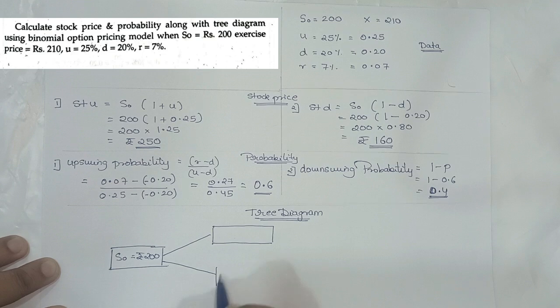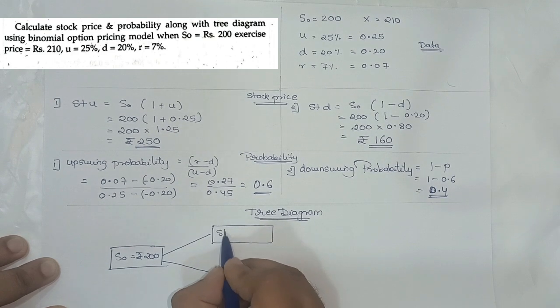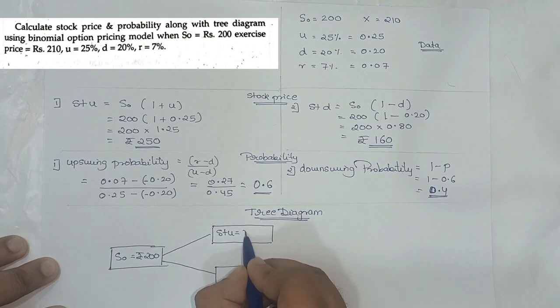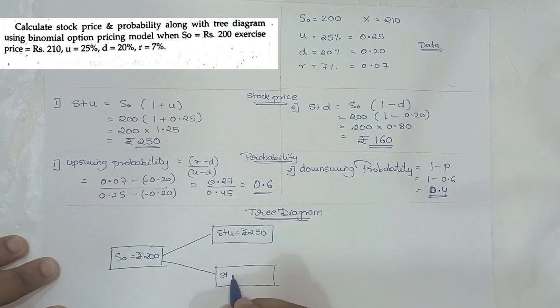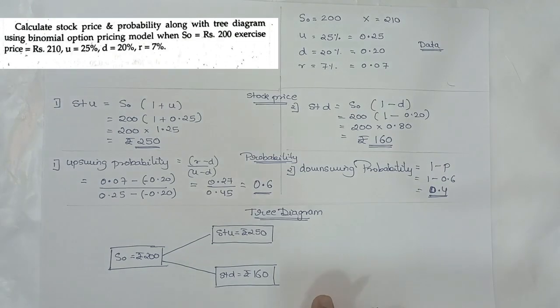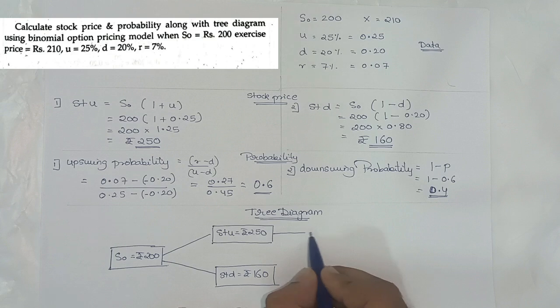So there are two probabilities that we can get here. The stock price during upswing, we got it as rupees 250, and stock price during downswing, we got it as rupees 160. Now we have to check during upswing and downswing whether there is a callable profit or not.